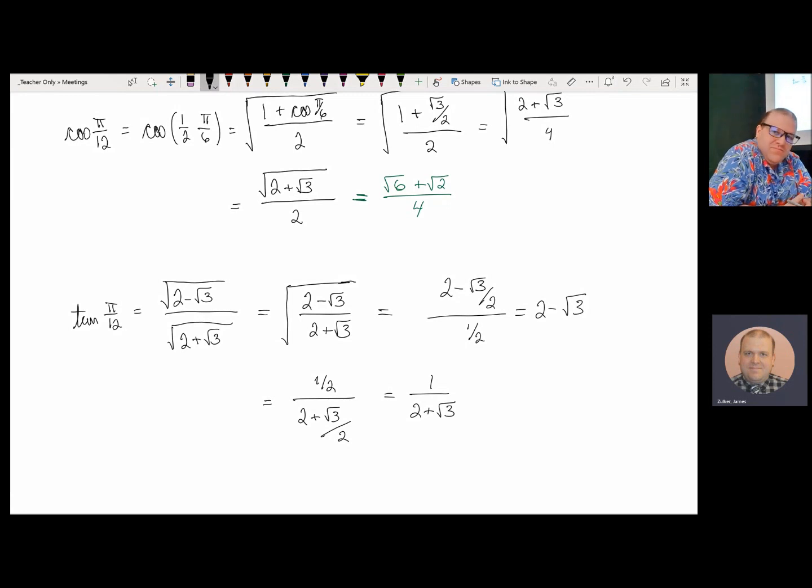I'm sorry, wait a second. Where did 2 minus root 3 over 2 come from?